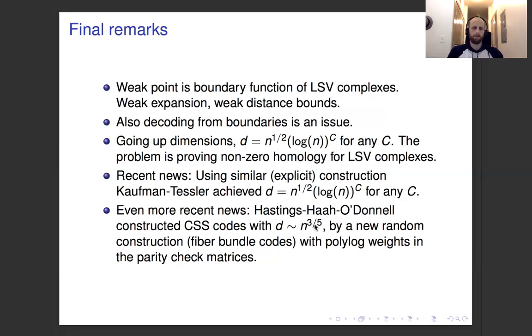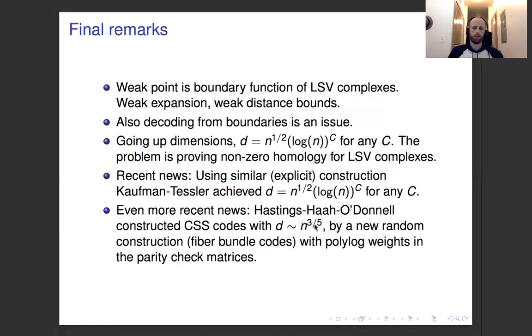Concerning this problem, let me just tell you some recent news, which is available on the arXiv. It's a result due to Kaufman and Tessler, using a similar explicit construction, who were able to show that you can in fact get complexes whose distance is square root of n times any power of log n that you wish.